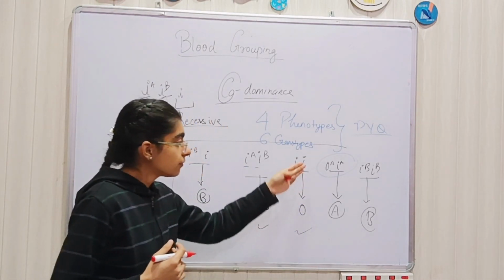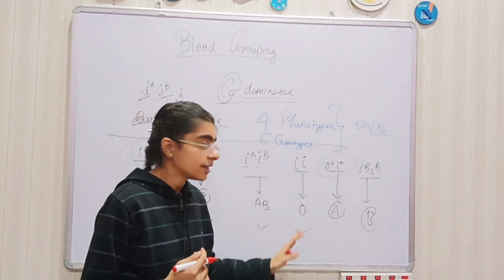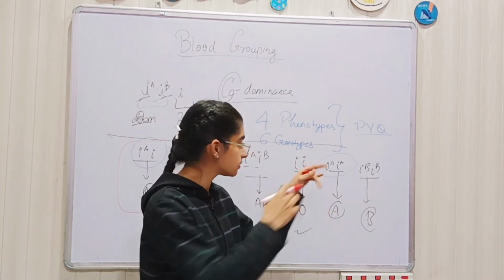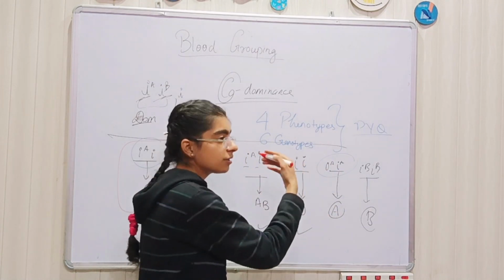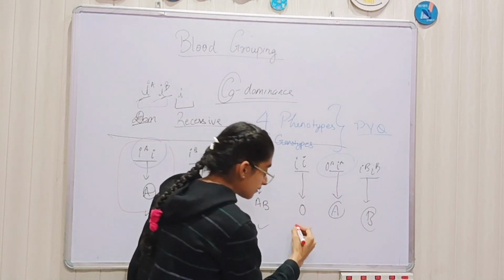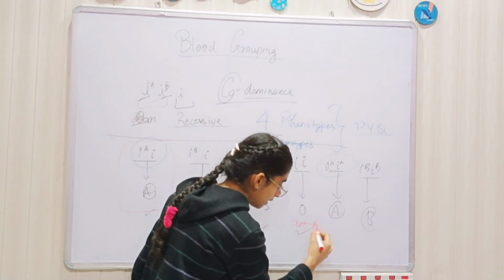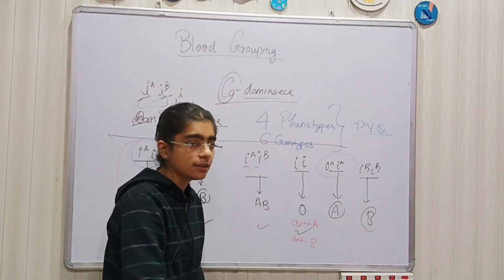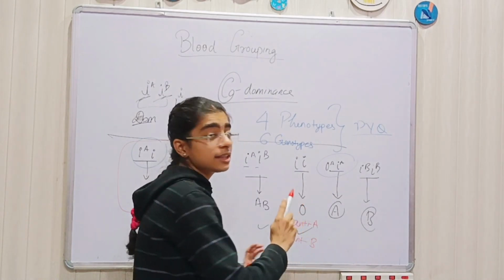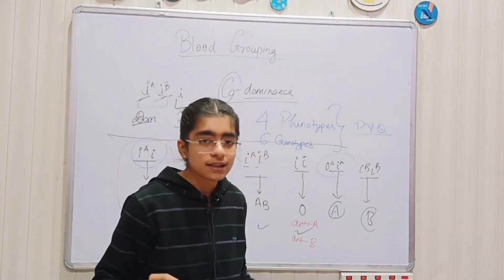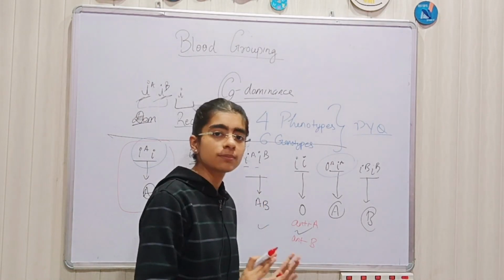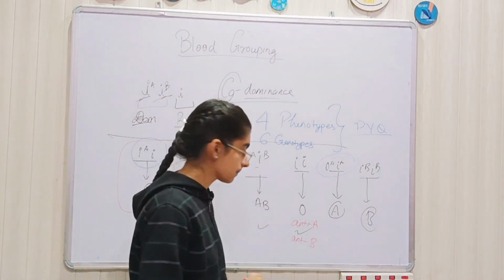So what do you understand by the O blood group? I do not have any antigen on my RBC membrane. No A, no B. So I will have antibody A and antibody B. Here I am excluding the concept of the RH system, so don't go into RH here, because that will be discussed separately.